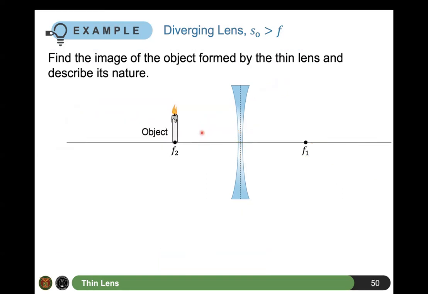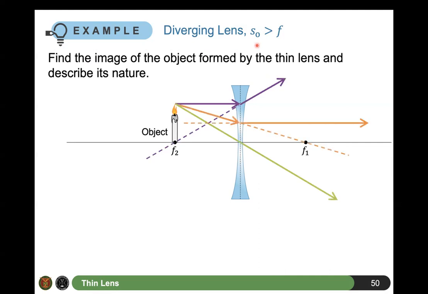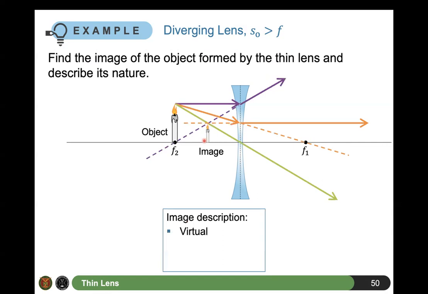Now, if the object is equal to the focal length, so it is at the focal point, this is the image formed: virtual, reduced, and upright.